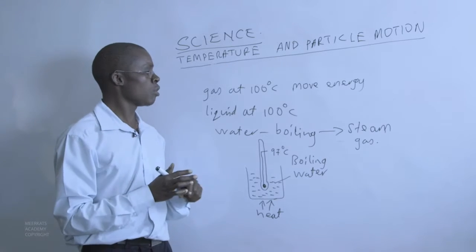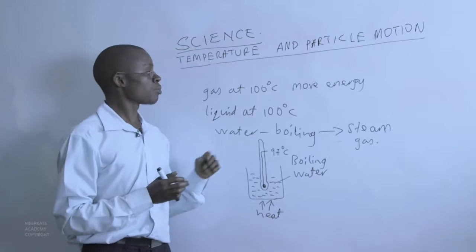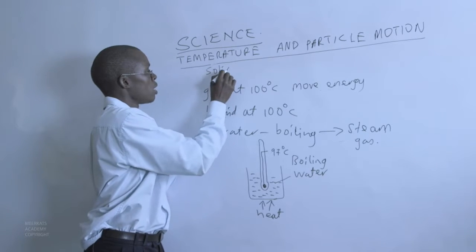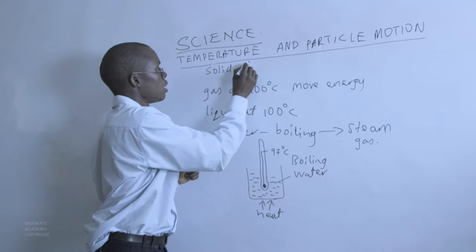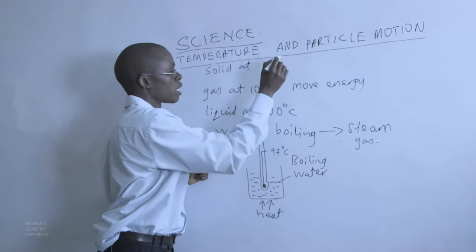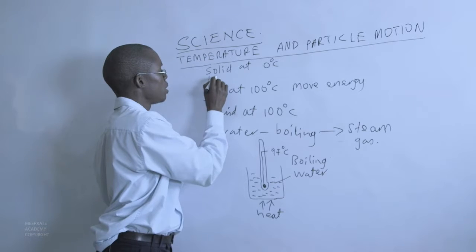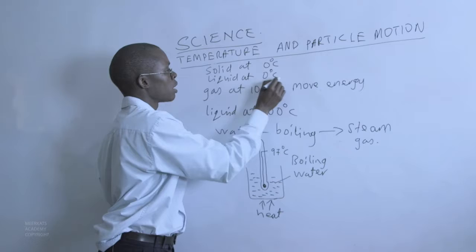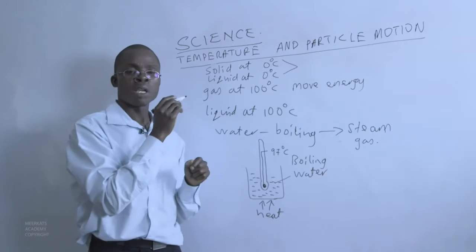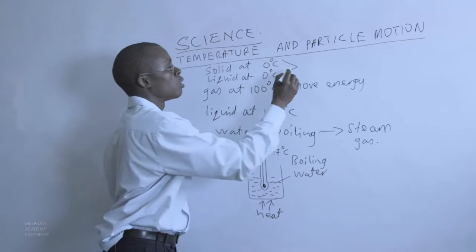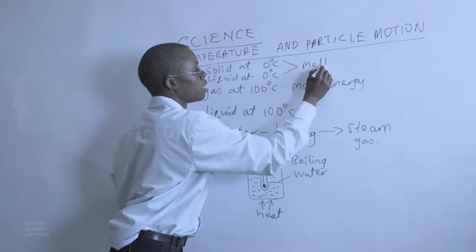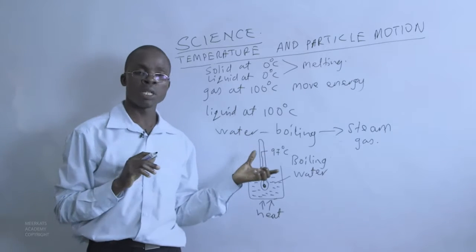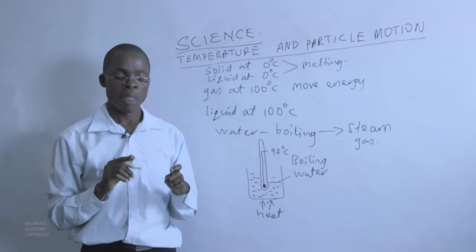This one is also used in explaining the aspect of the solid at 0 degrees centigrade and liquid at 0 degrees centigrade. At that temperature, we said for water it will be melting temperature. The same explanation can be applied.